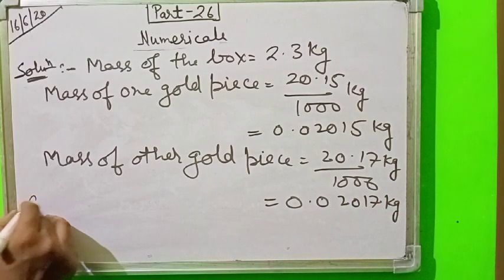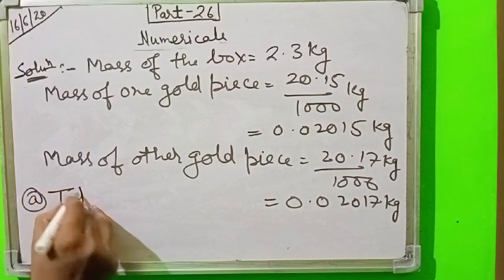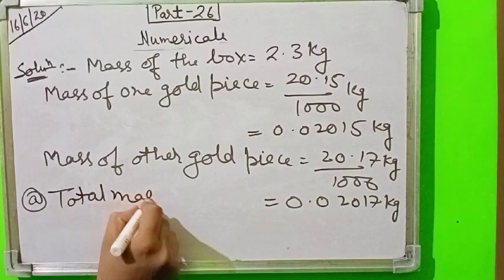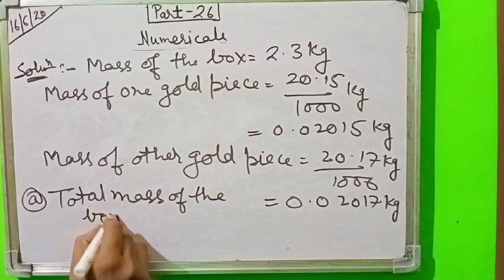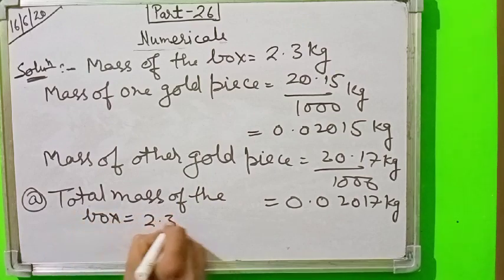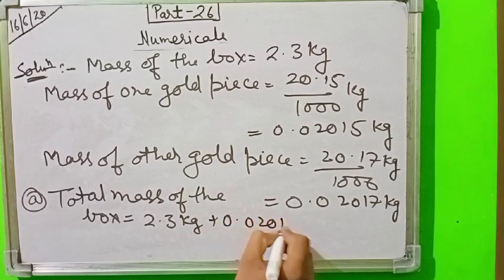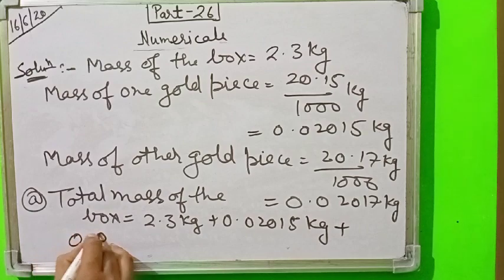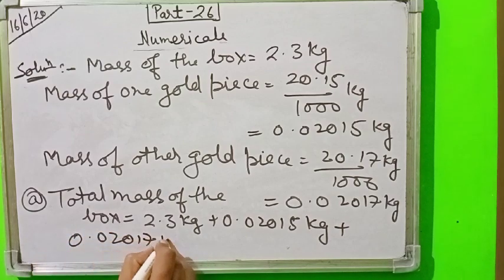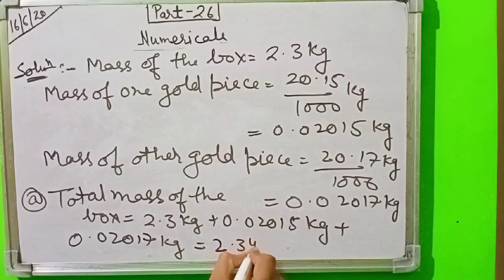So total mass of the box is 2.3 kg plus 0.02015 kg plus 0.02017 kg, and it will be 2.34032 kg.